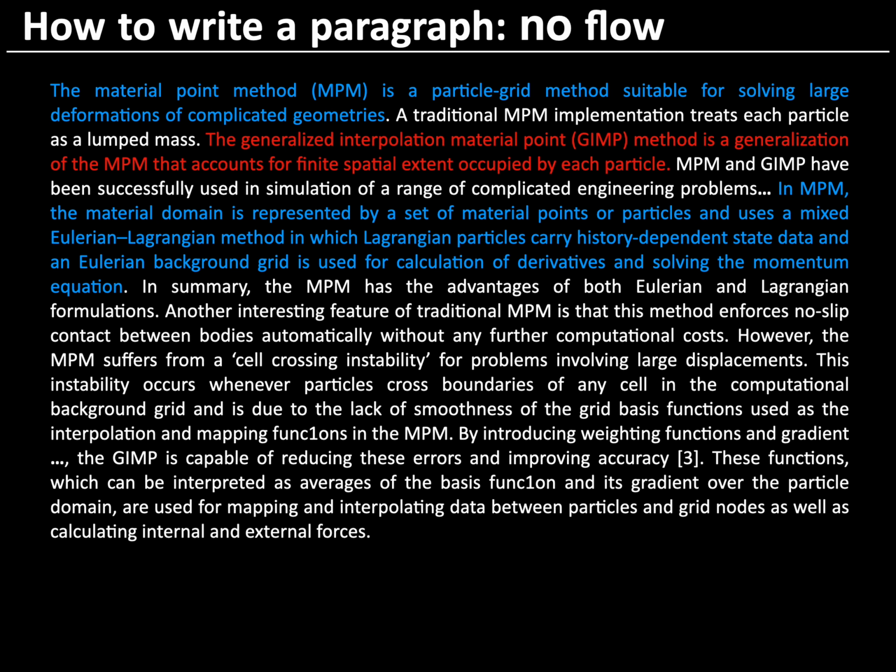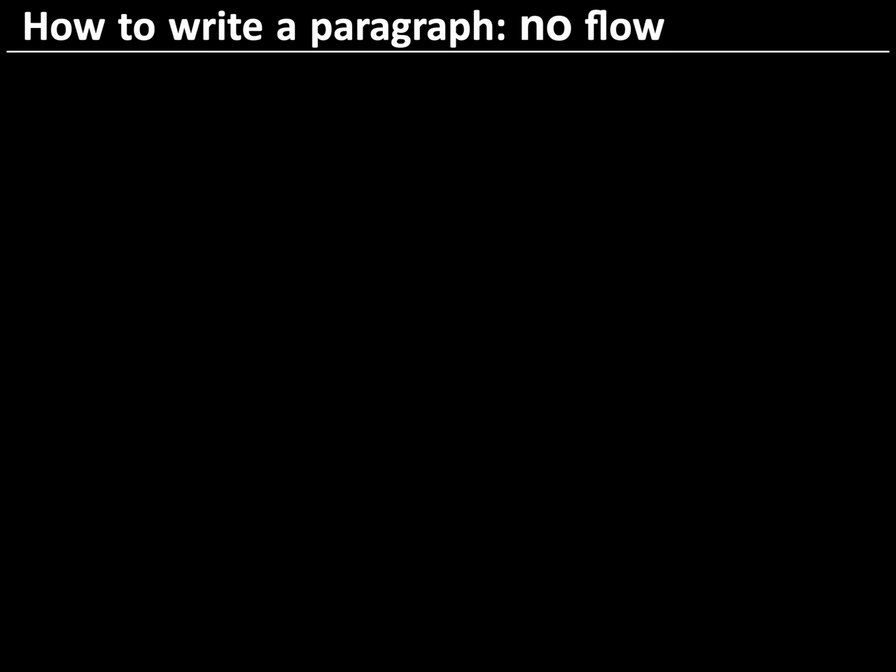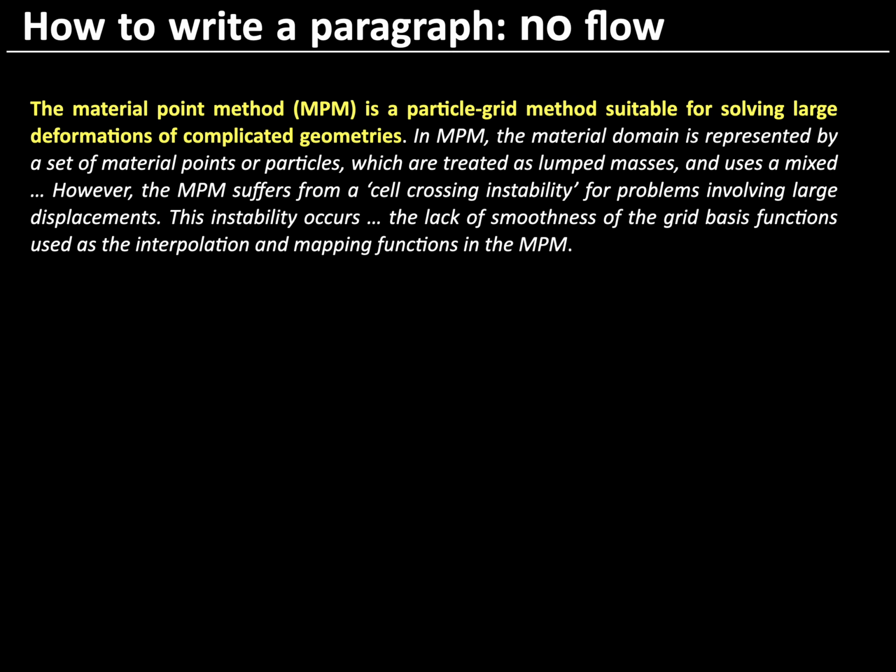Okay? If I was the author, this is what I would do. I would start with the same sentence, the NPM is, and then I continue with explaining what the NPM is. So in the NPM we do that, blah blah blah.